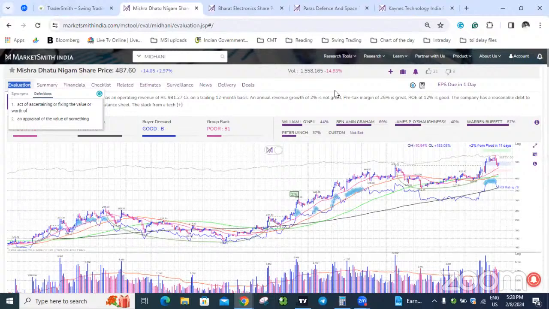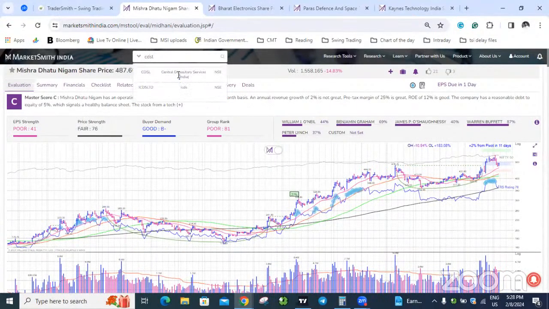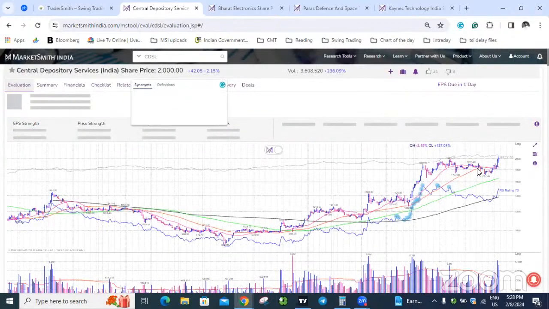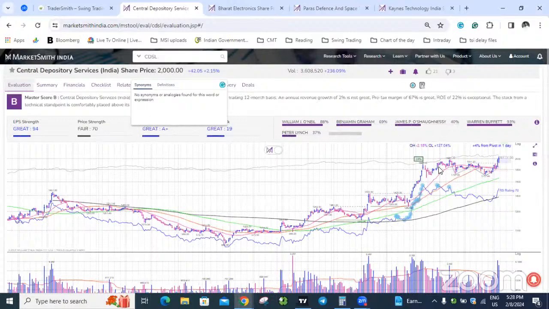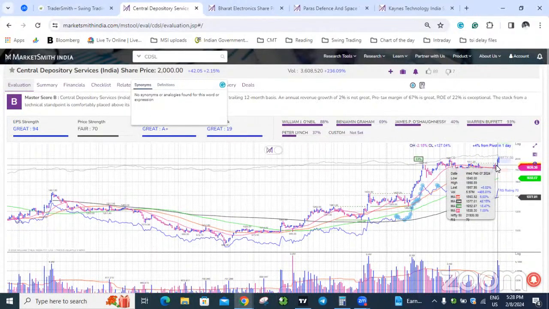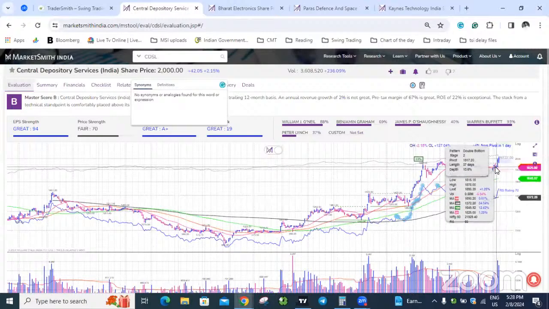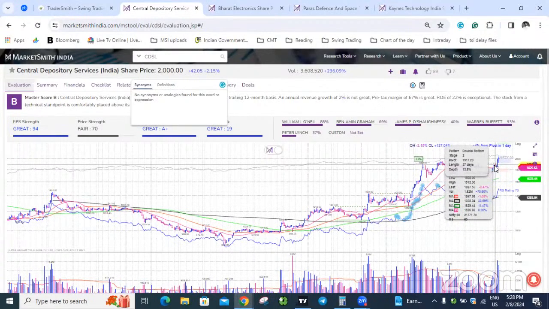Next one is CDSL. There is a double bottom breakout, and also an advance buy signal which was given somewhere in the last week.